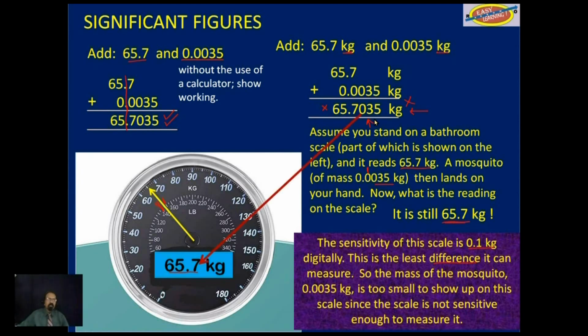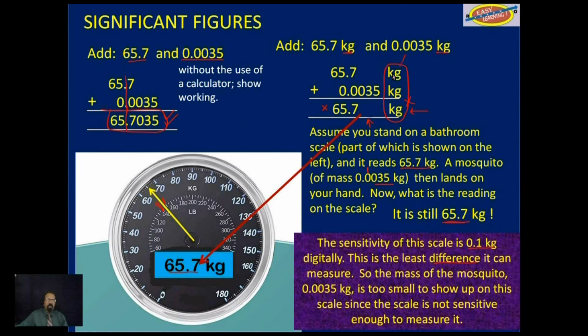Truth of the matter is, the scale will not show this 0.35. That part will not show up. It will only show up to the 0.7. When we are dealing with measured quantities, we cannot treat them the same way as we will deal with pure numbers. We need to think in terms of our uncertain digit. So yes, as pure numbers, that will be correct, 65.7035.